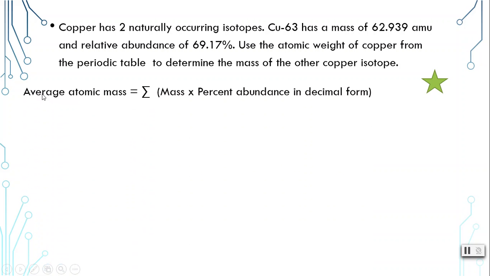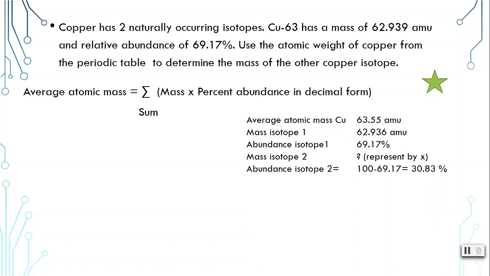So we said we're going to use the equation for average atomic mass to help us find the mass of one particular isotope. Anytime I have a word problem, I like to identify the equation I'm going to use to solve it, as well as make myself a little table of the information that was given. I know I'm dealing with copper.